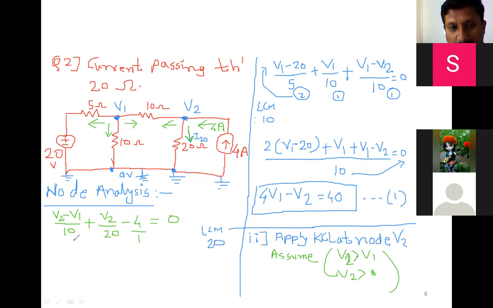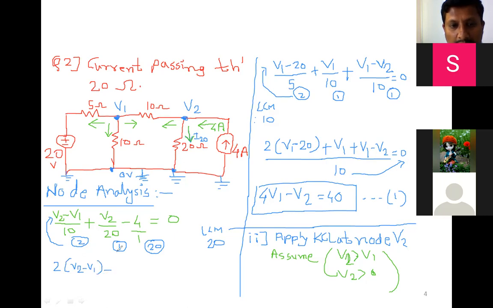LCM is 20 here. So here multiply 2, multiply 1 and multiply 20. Multiply the 1 by 20. So whatever I have written in the circle, you can multiply with respect to the numerator. So 2 into this bracket, 2 into V2 minus V1.